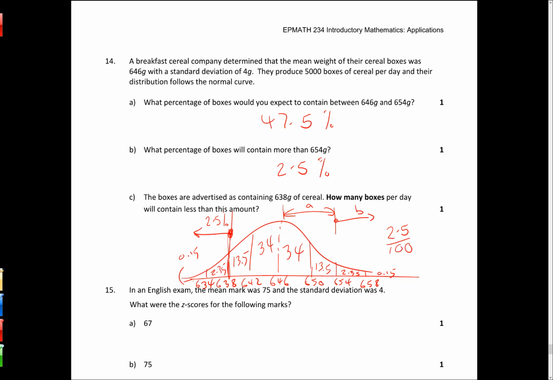You might use your percent key, but I just treat percent as over 100. 2.5% times, well, how many boxes? They produce 5,000 per day. So I've just got to go to my calc, go 2.5 divide by 100, and then times by 5,000. And it'll tell me there's 125 boxes a day likely to be underweight.